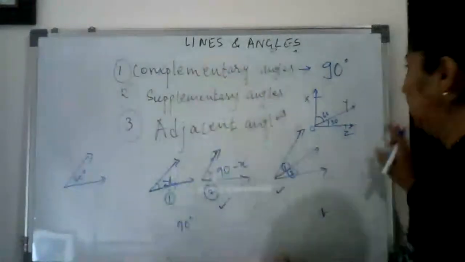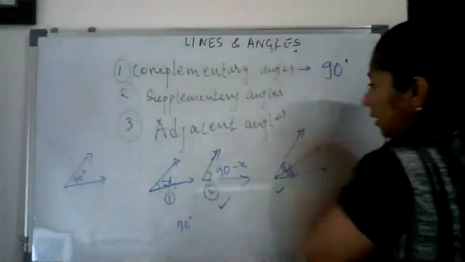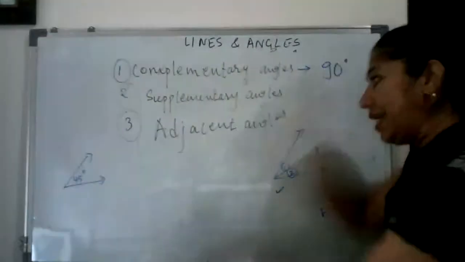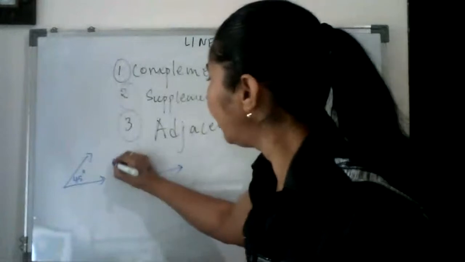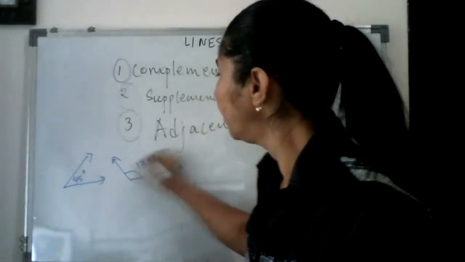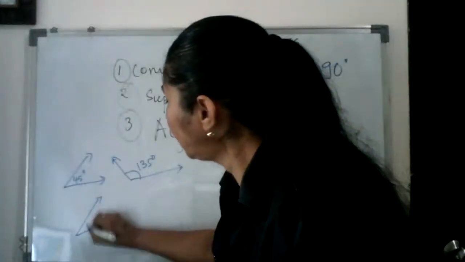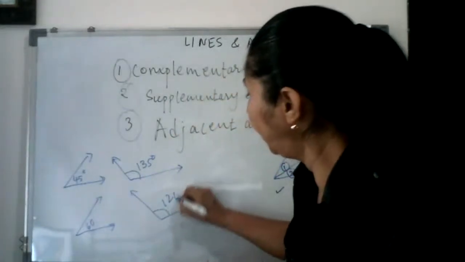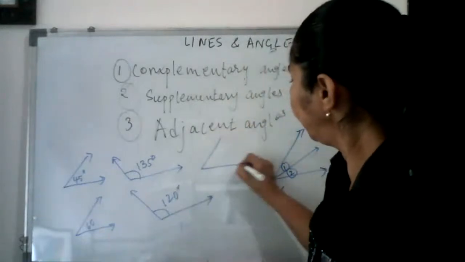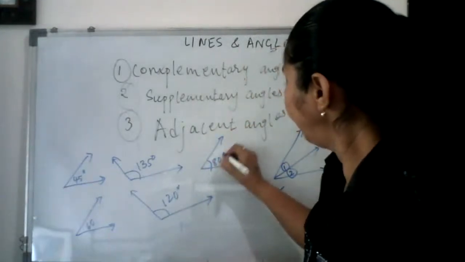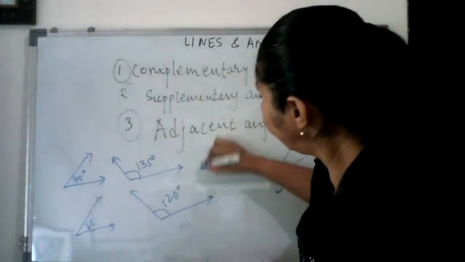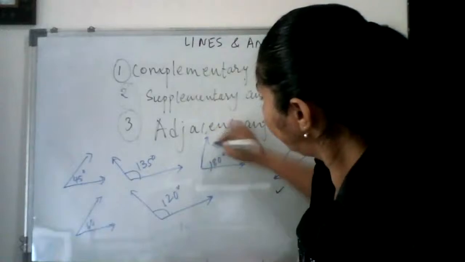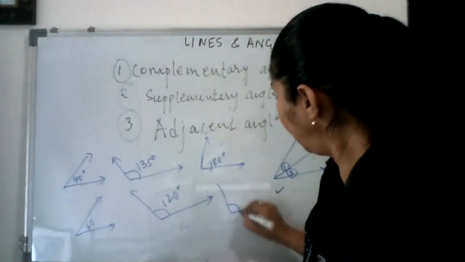ठीक है, मैंने adjacent वाला बाकी रखा है. अब मैं बनाती हूँ same way with same concept, similar concept. When I draw two angles and I say one angle is of 45 degree, the other angle of 135 degree. एक एंगल मैंने लिया है 60 डिग्री, दूसरा मैंने लिया है 120 डिग्री. एक एंगल मैंने लिया है 80 डिग्री, दूसरा एंगल मैंने लिया है 100 डिग्री.